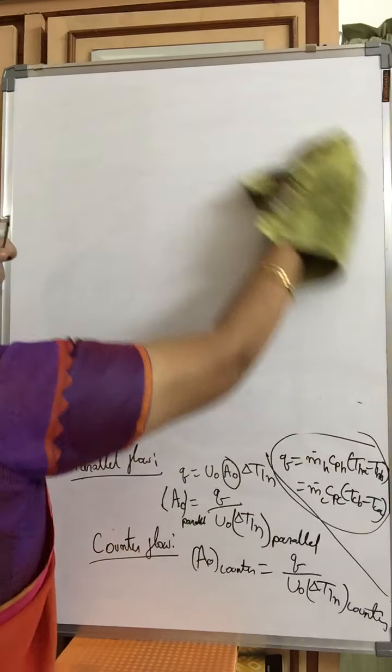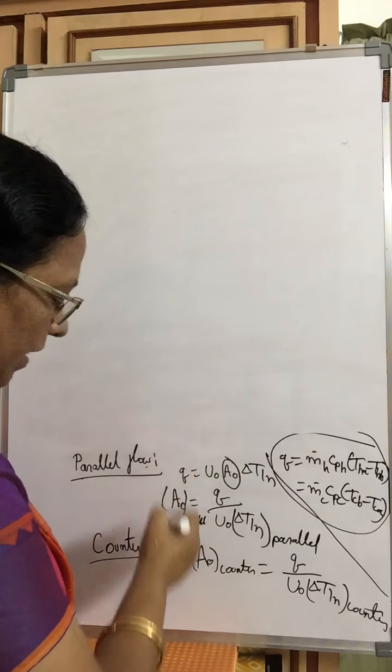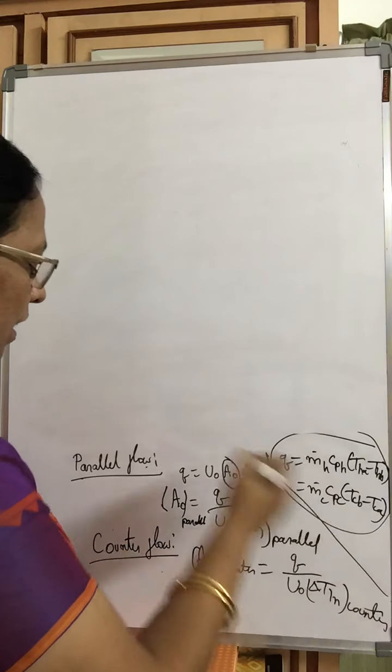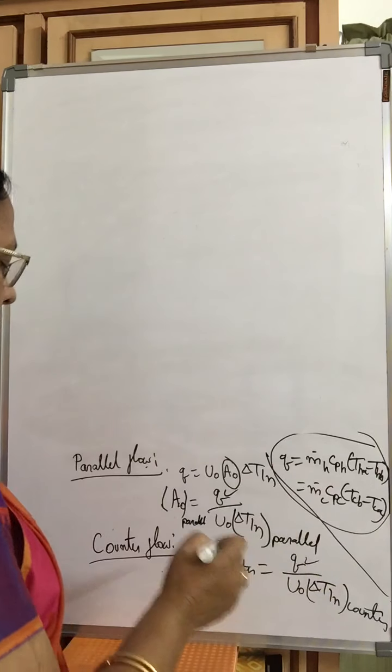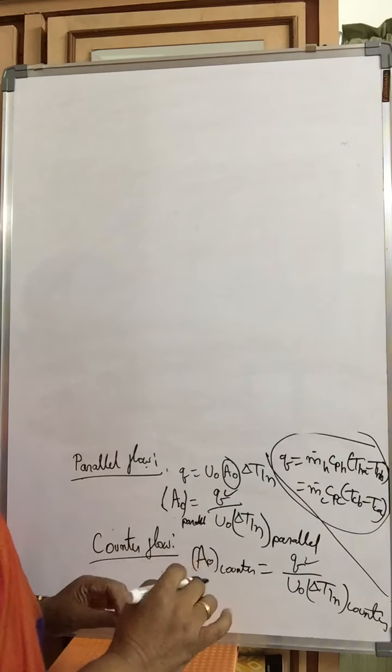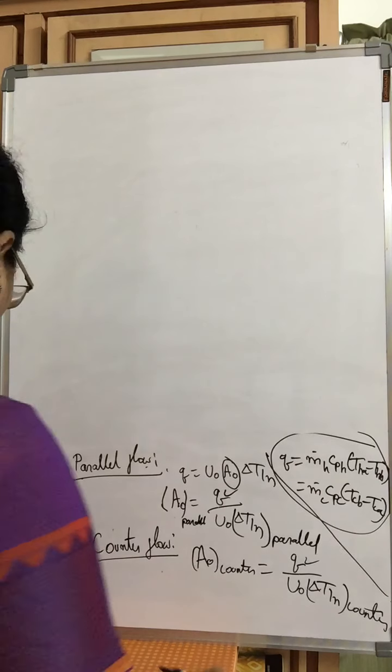Before starting parallel flow and counter flow separately, in both the cases we need the outlet temperature and in both the cases we need Q. Therefore, first we shall calculate these 2 things. Then we will start parallel flow and then counter flow.